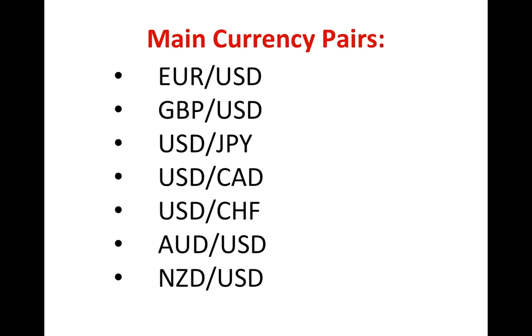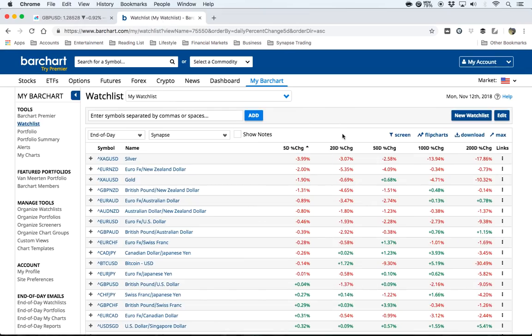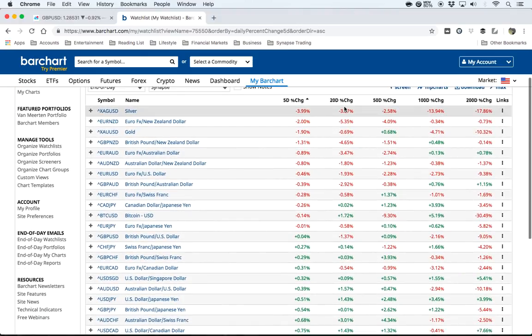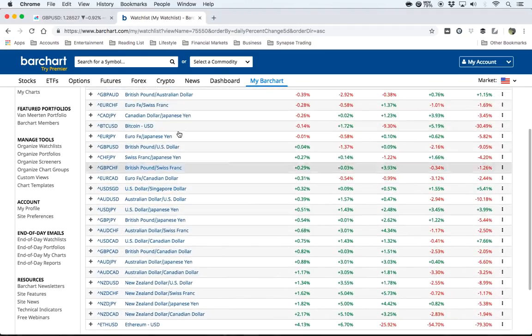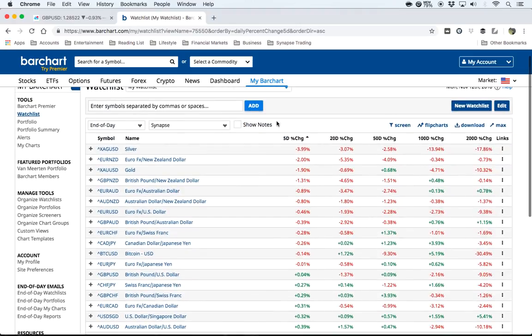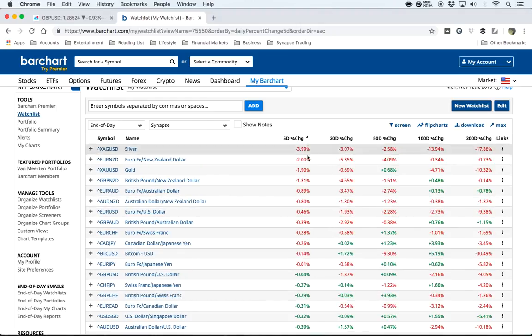Okay, so one of the other ways that you can do is to look at some websites. Some websites, such as this, and there are actually many more, help you rank the performance or the percentage movements of different currency pairs. What I've done here is I've created a simple watch list of all the different currency pairs. So I can sort it by, say, the performance over the past 5 days. These are the top performers and these are the worst performers.